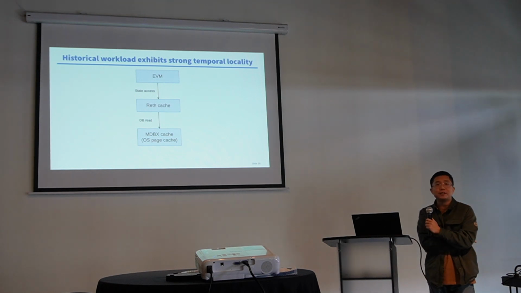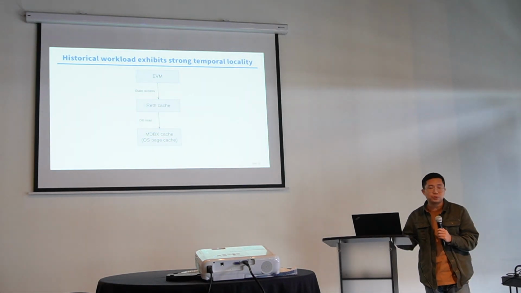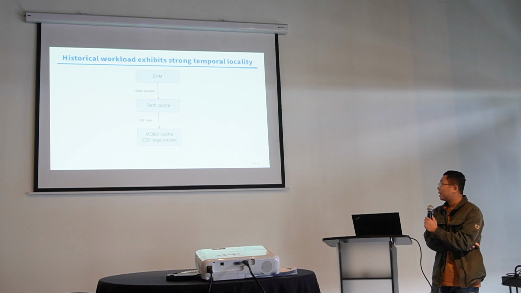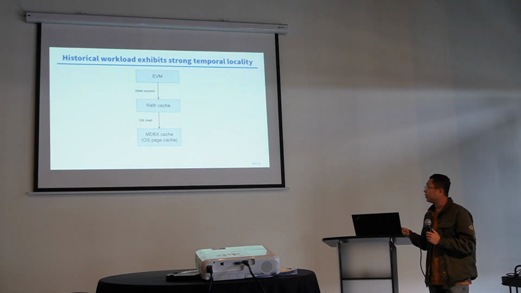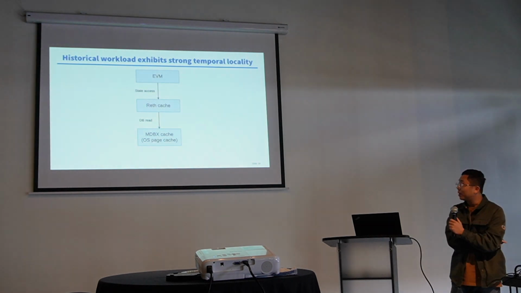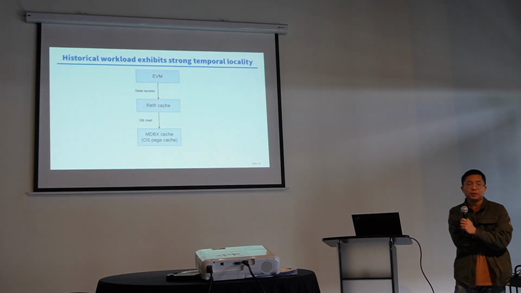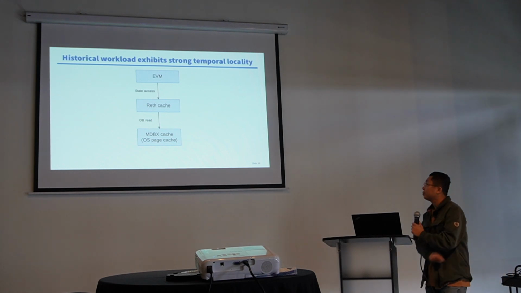And if it couldn't find the data there, Reth will consult the underlying database and try to load the data into its cache layer. And then the database layer usually also has its own cache layer. And in this case, Reth is currently using the MDBX database. So MDBX simply relies on the operating system's page cache.